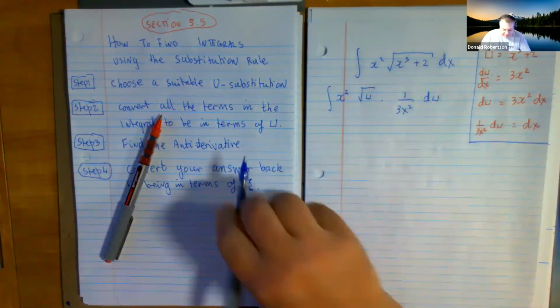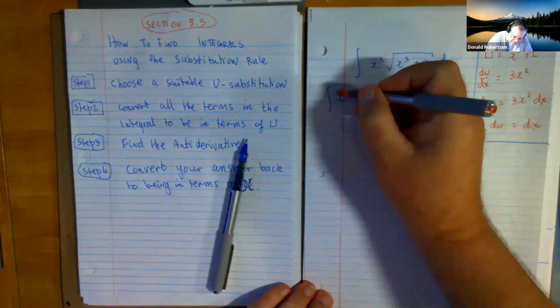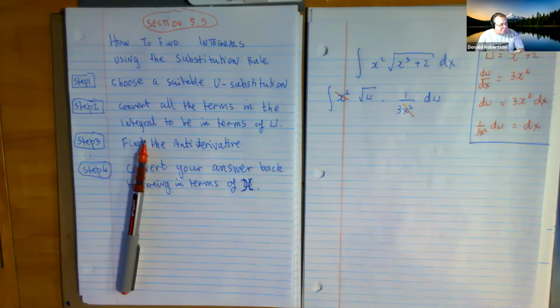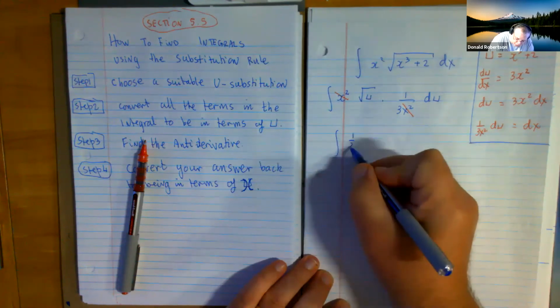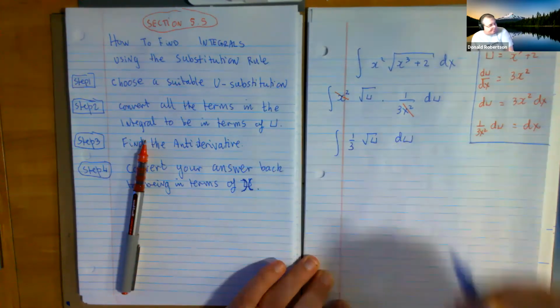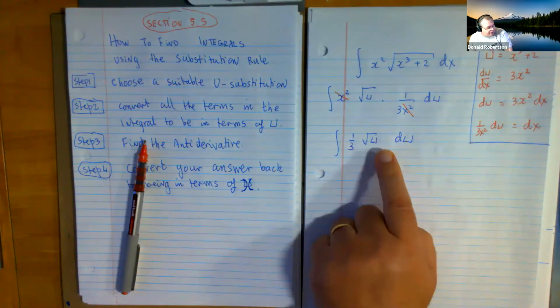Now, if you've done it correctly, don't you get that little magical, oh, that's cool, that any x's that happen to still be there at this point in time should be killed off, typically? And in this case, I'm calling this 1/3 the square root of u du, which I'm kind of happy with. Would you agree that is a doable question?